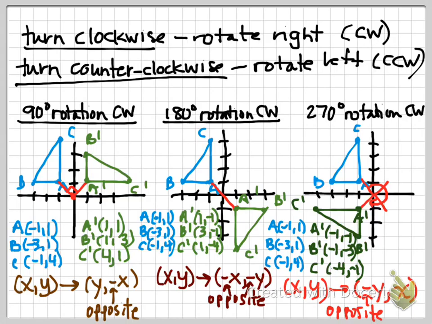So what some people do is that what's the same thing as going clockwise 270 degrees is to go counterclockwise one turn or 90 degrees. So a 270 degrees rotation clockwise is the same thing as 90 degrees rotation counterclockwise. And they have exactly the same rule.